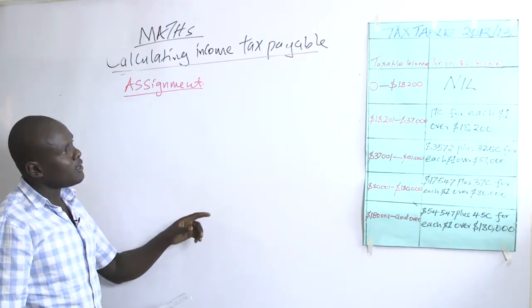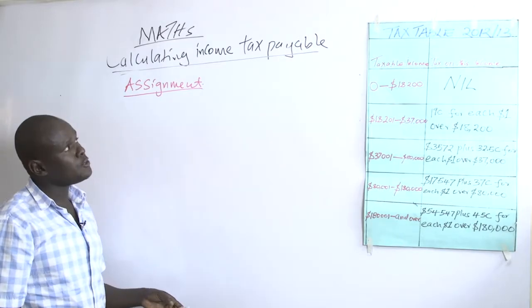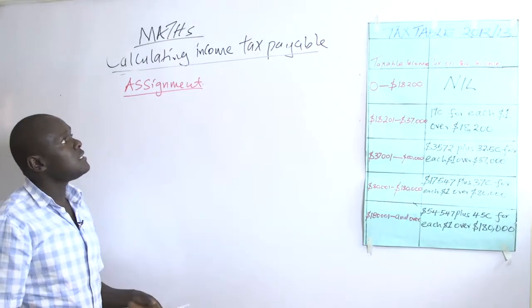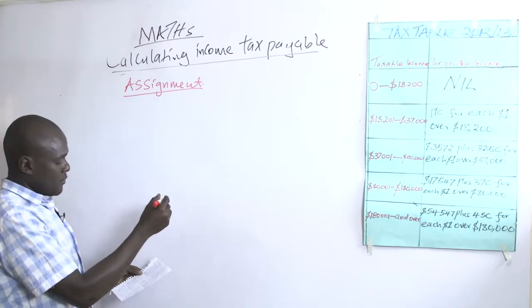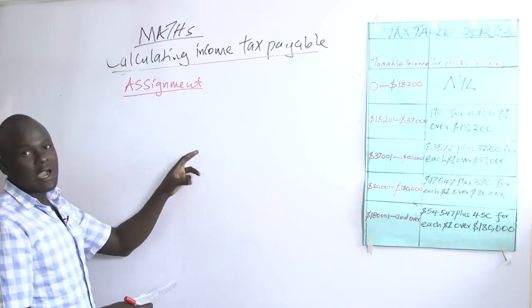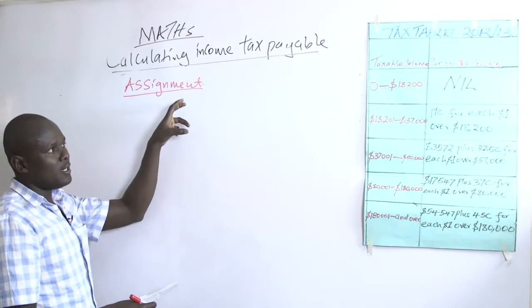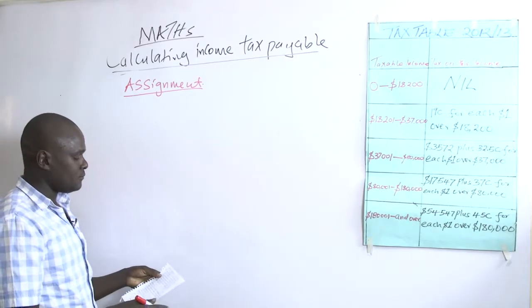So to gauge whether you have grasped the content on calculating income tax payable, I have a question, and this question is just an adjustment of the example that we have used.